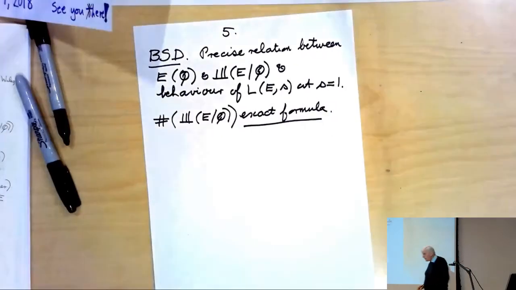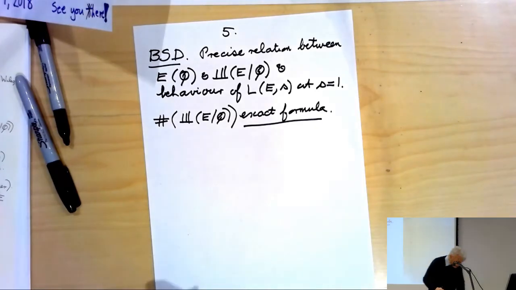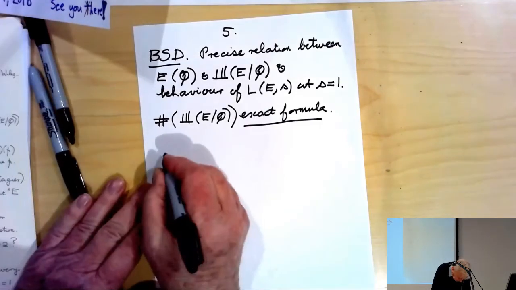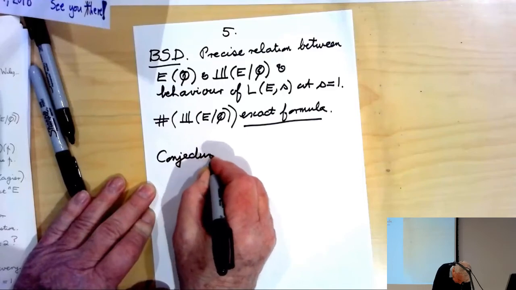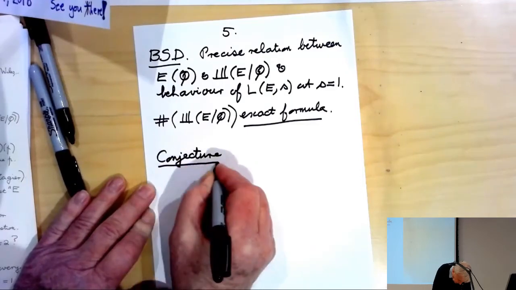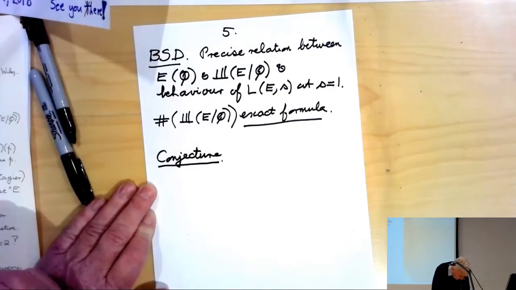And the point I want to make is that the only hope we have of proving this exact formula is using Iwasawa theory, and Iwasawa theory for every prime p. In particular, there's a very simple first step along the way, which I want to mention as a conjecture because it's not known in general, to give you some idea of how Iwasawa theory comes in.